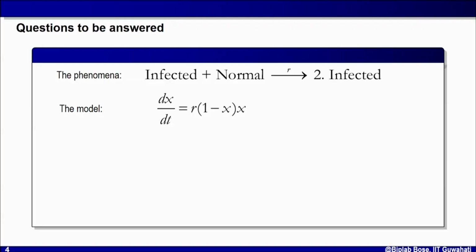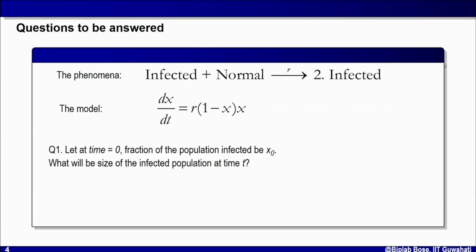So what are the questions that I can ask here? I can ask two types of questions. For example, I can ask like this. Right now, we have 2% of the population infected with common cold. And I know the rate constant for spread of the infection, that may be 0.5 per day.